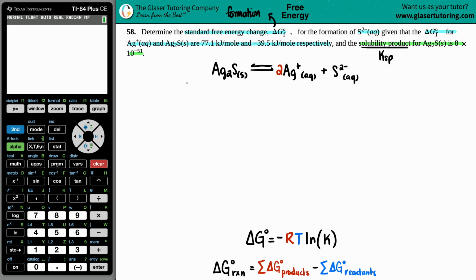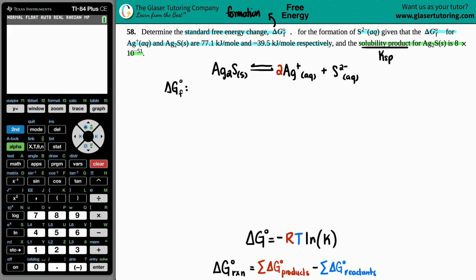Now let's put down the delta G values that we have, right? We'll say delta GF naught. They told me that the delta G of formation for Ag plus was 77.1 kilojoules. When they say respectively, that means that whatever component they say first gets the first number out of the bunch.